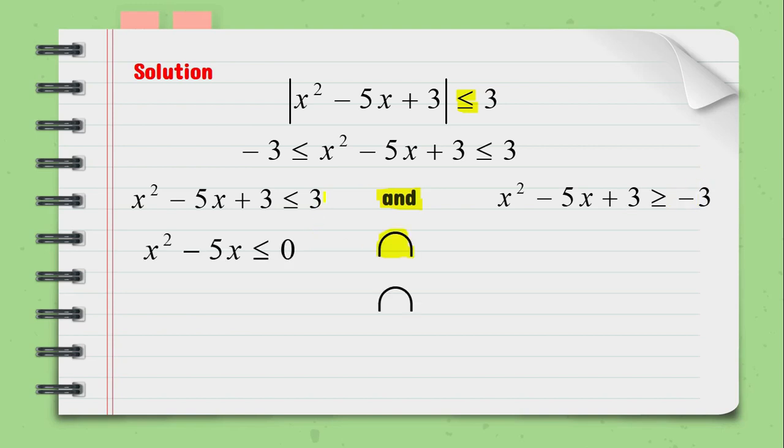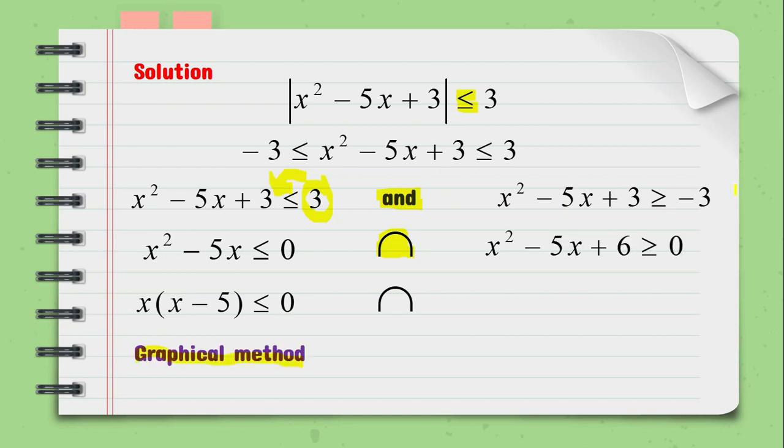We simplify, bring 3 to the left, then you get x squared minus 5x less than or equal to 0. You factorize. For the second part, also we bring negative 3 to the left, and then you simplify, get a quadratic, then you factorize. We get 2 factors here, x minus 2 and x minus 3 more than or equal to 0.